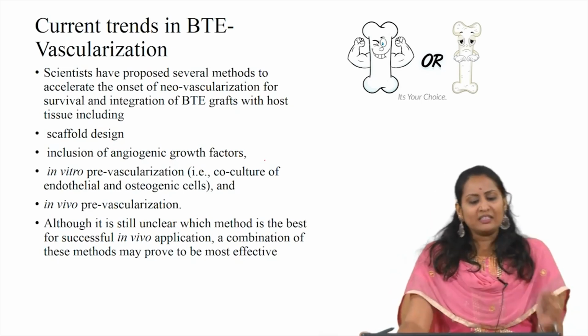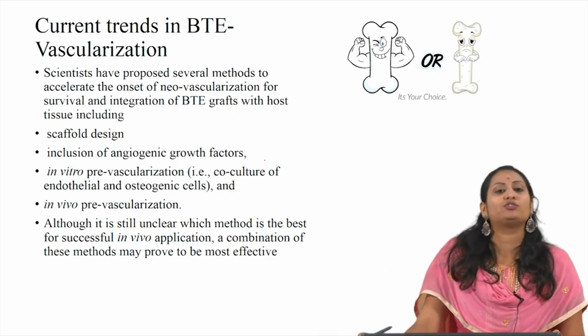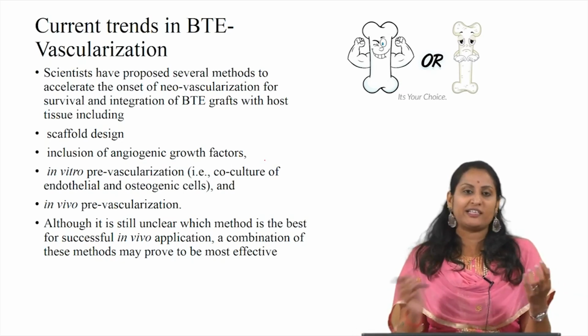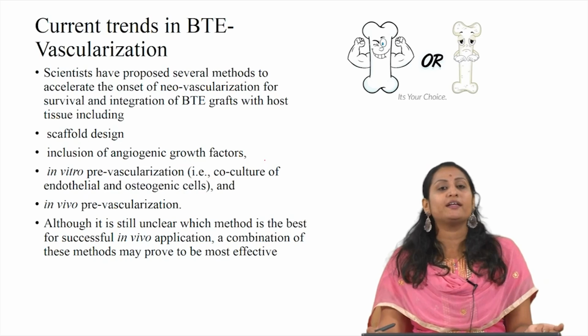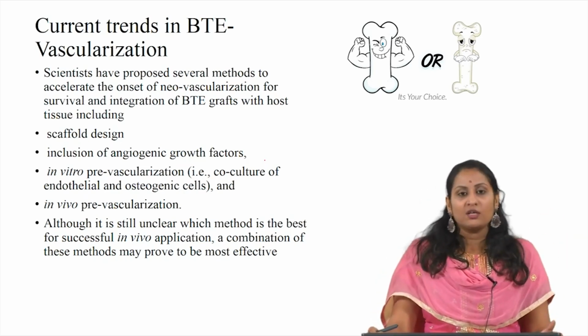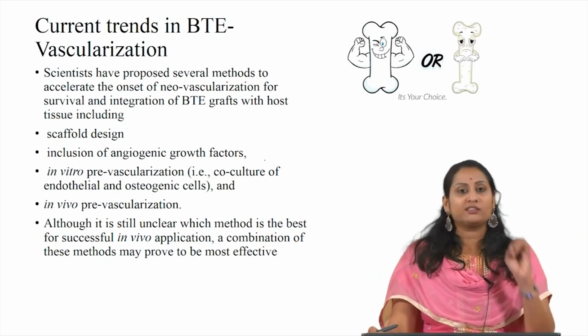Scientists have proposed several methods to accelerate the onset of neovascularization, which is nothing but the formation of new tissue for the survival and integration of bone grafts with host tissue. That includes scaffold design.